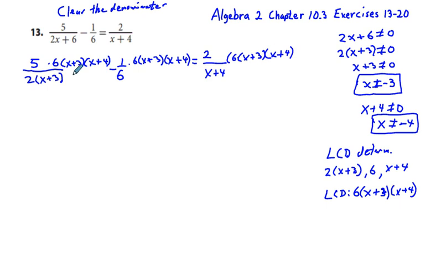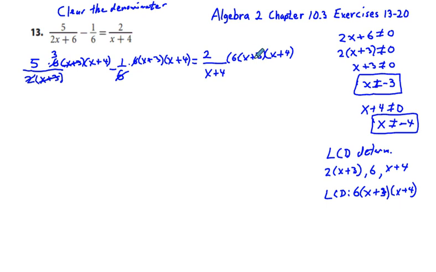And now we'll be able to start canceling things. On the left one, this x plus 3 in the numerator cancels the x plus 3 in the denominator. We have this 6 over 2 cancels to become 3 in the numerator. And then our next fraction here, we have 6 over 6.